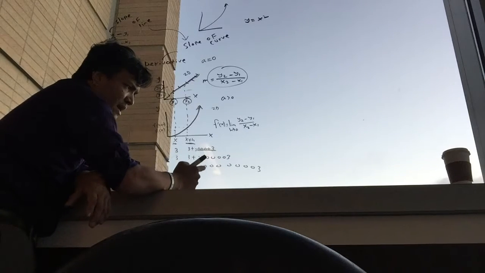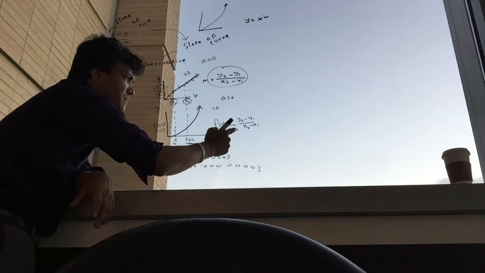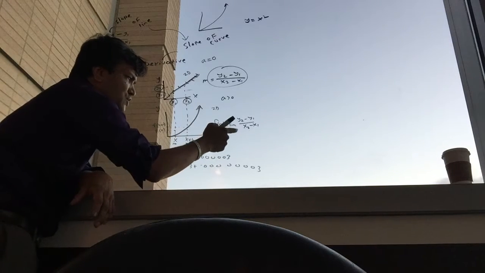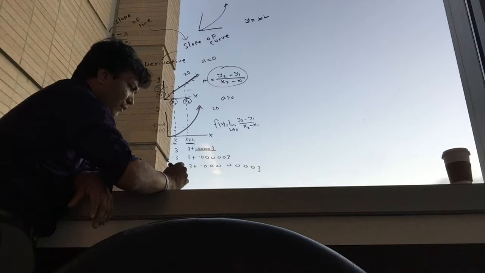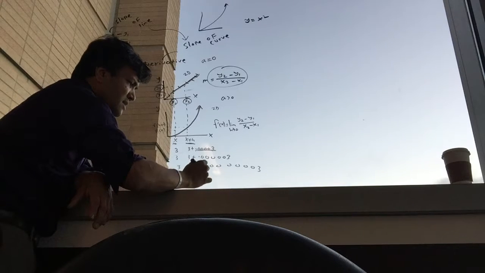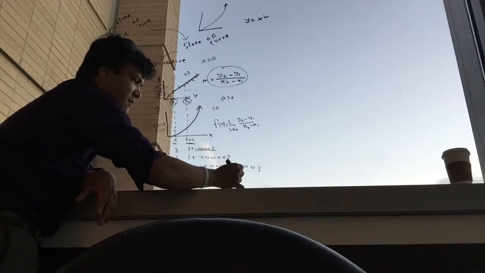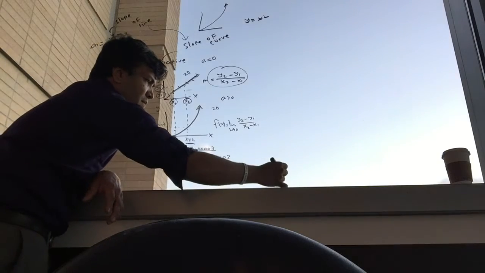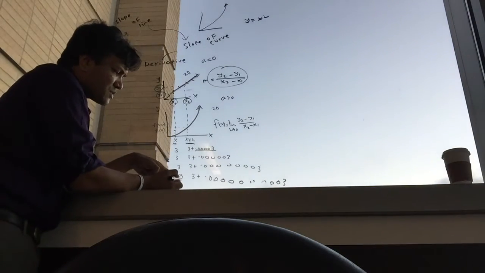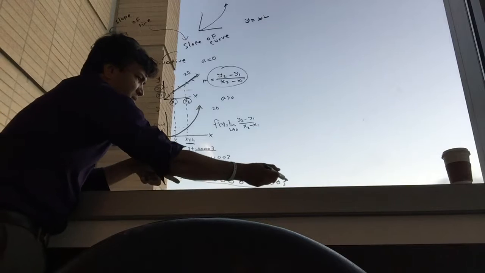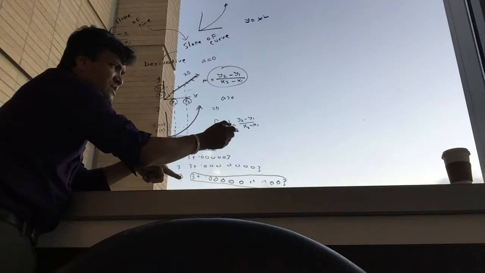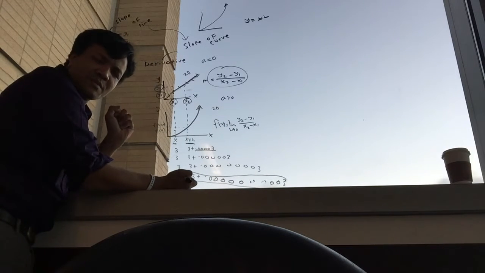So as the number becomes smaller, that means h goes to 0. That means the difference between this number and this number is almost 0.